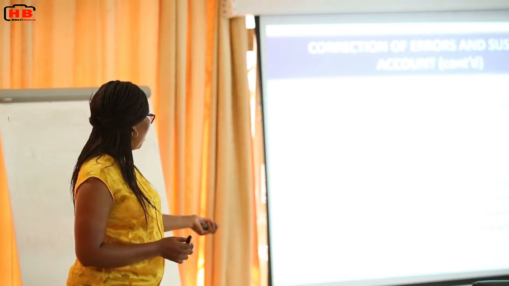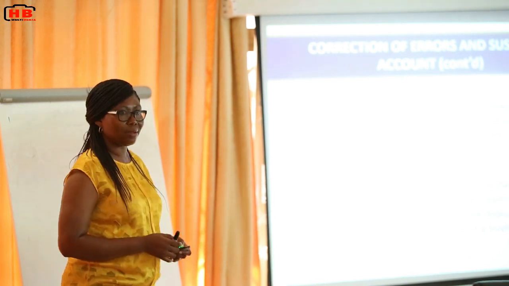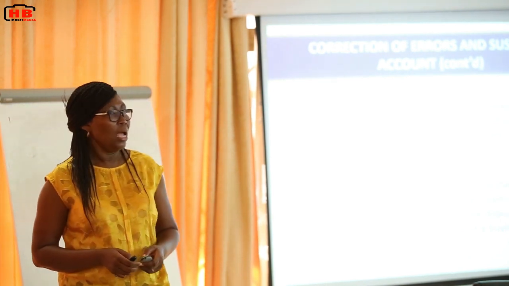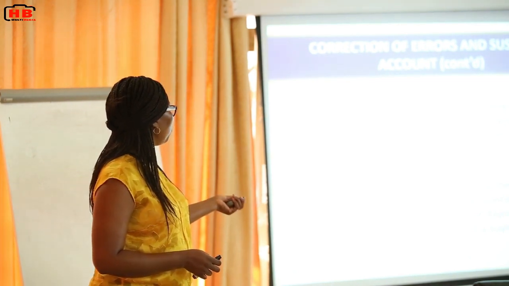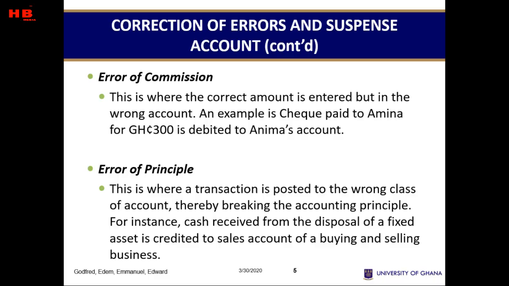We also have the error of principle. So why won't this one affect the trial balance? It will not affect the trial balance because the intention was to debit Amina, but you sent it to another individual's account. And if you did the same debit, then it will not affect.